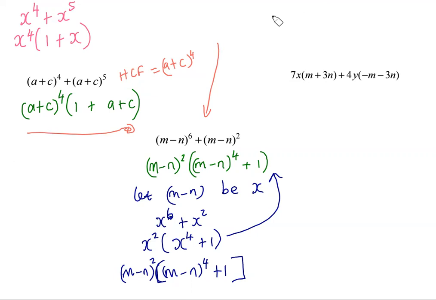When we say a minus b, this is the same as minus (b minus a). So a minus b is equal to minus (b minus a).